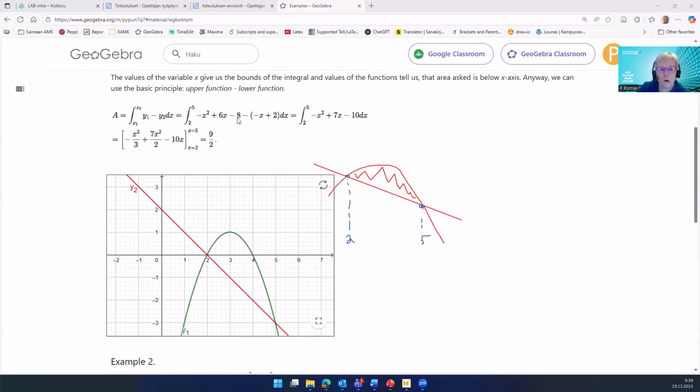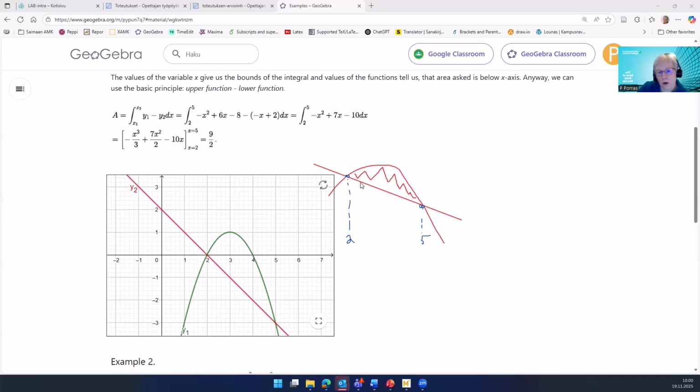So parabola minus the line, please remember to use the brackets, and from starting point 2 to 5. Simplify, integrate, and then substitute first 5 here minus, when you use the 2 here, you get the result.